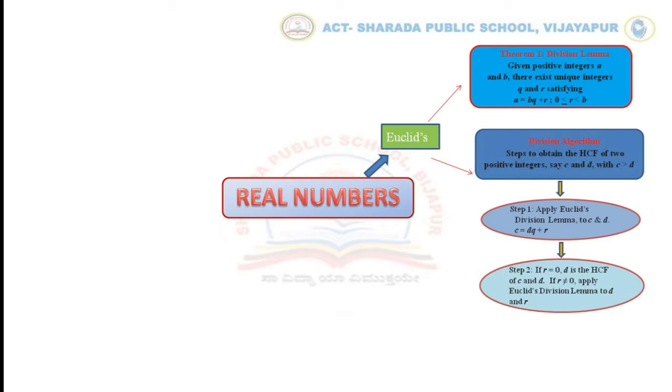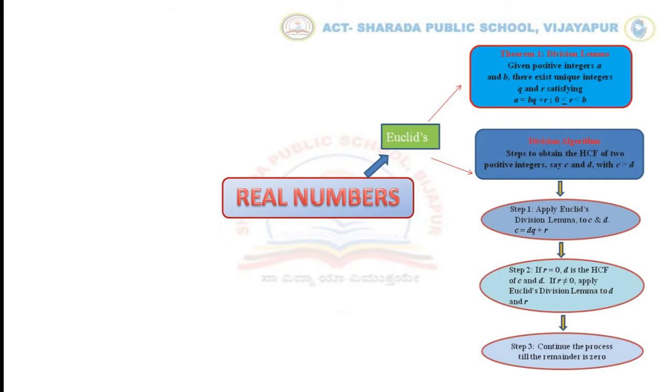If r is not equal to 0, then you have to apply the Euclid's division lemma to D and r till you get r is equal to 0. So that is step 3. Continue the process till the remainder is 0. So once the remainder comes as 0, then D is the HCF of C and D.